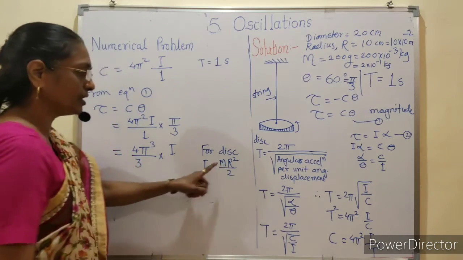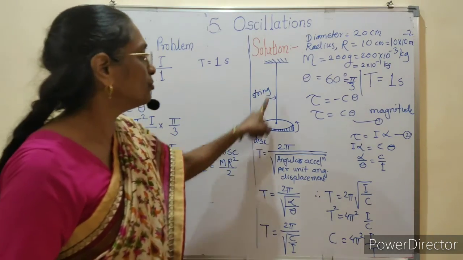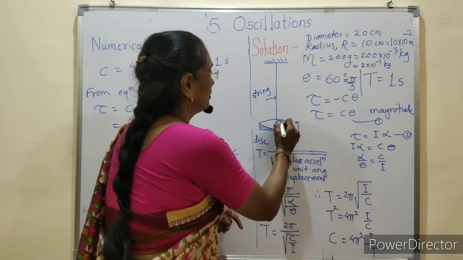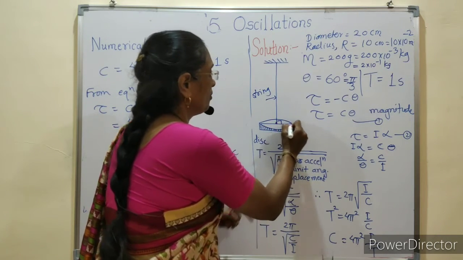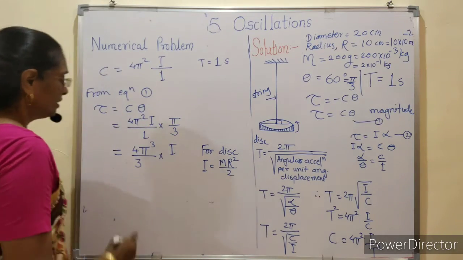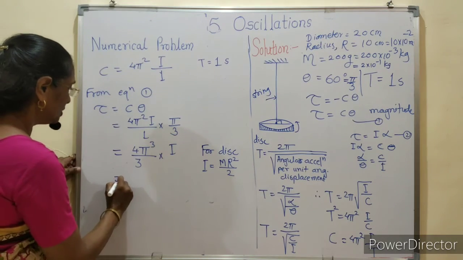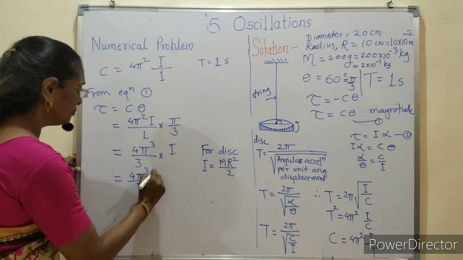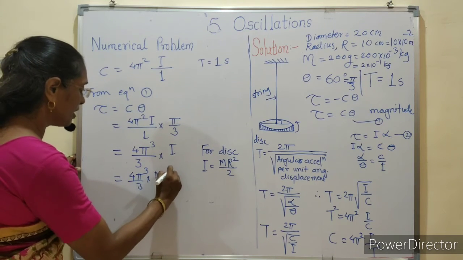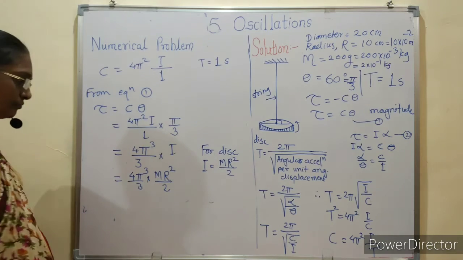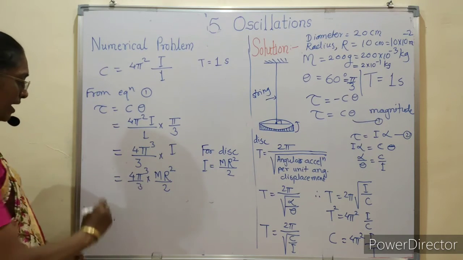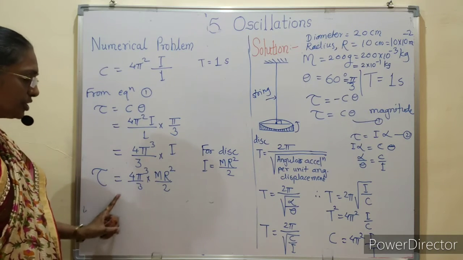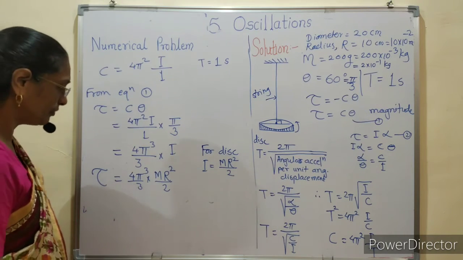For the disk it is m r square by 2, which is the moment of inertia about the axis perpendicular to the plane of the disk. So let us substitute it here: 4 pi cube upon 3 into m r square by 2. Once we have the relation for tau, after substitution we can get the maximum value.